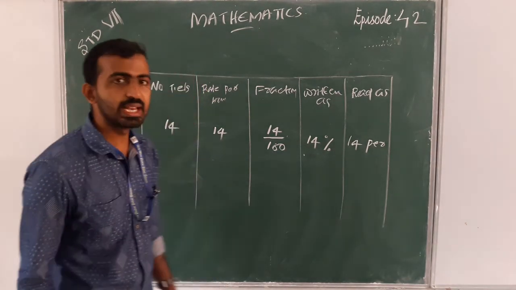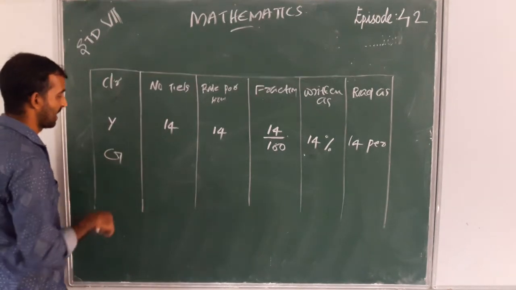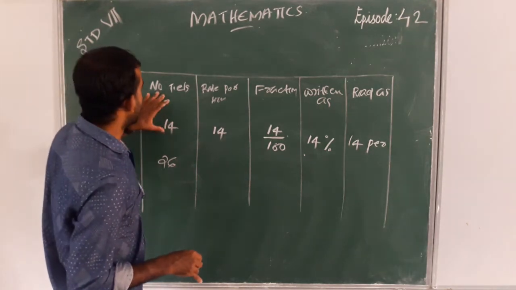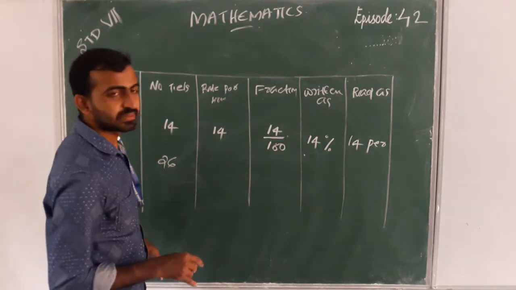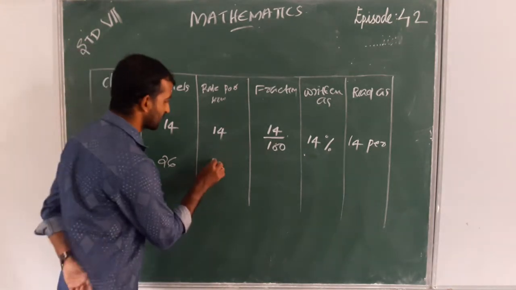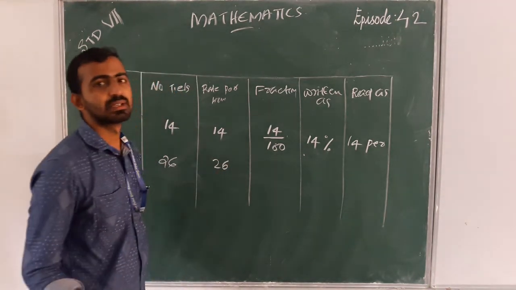And this is green. The number of tiles is 26, and the rate per 100 is also 26.